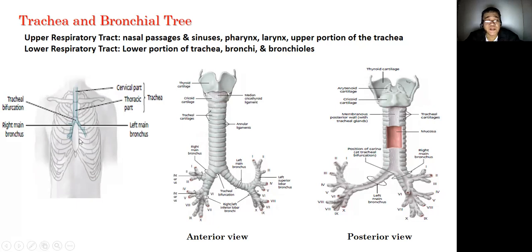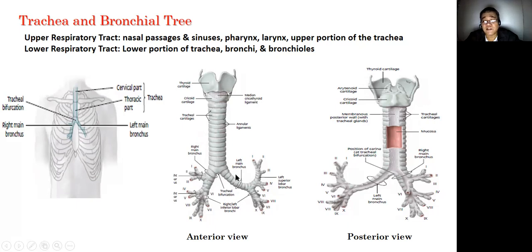At the level of the sternal angle of Louis, the trachea bifurcates into the left main bronchus and the right main bronchus. If you notice, there is a difference between the two. The left main bronchus is much longer and has a narrower caliber compared to the right main bronchus, which is much shorter and of much bigger caliber.